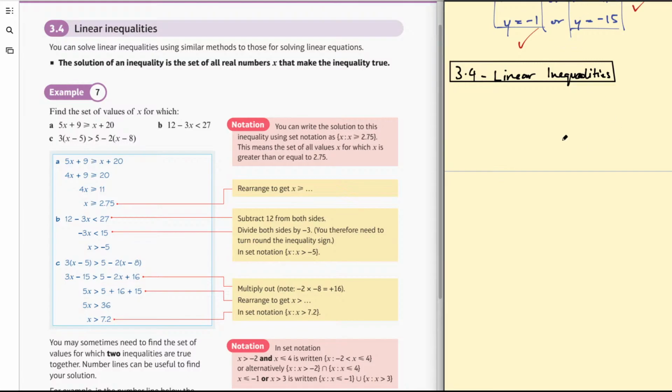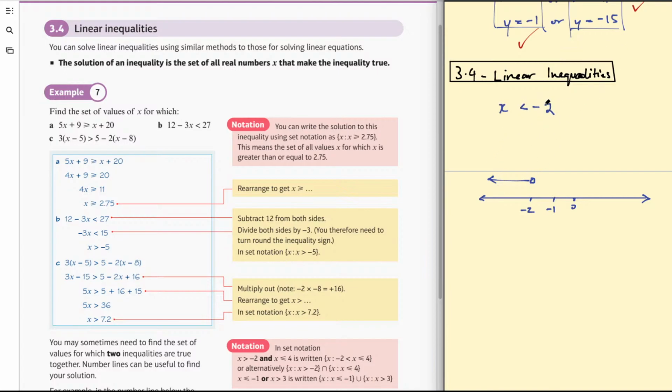Actually, let's just talk about why that is for a second. Let's say you have a number x less than -2. Let's draw a number line. This is 0, 1, -1, -2. So at this point, x is here. Remember, when you draw these on a number line, you have an empty circle for less than.